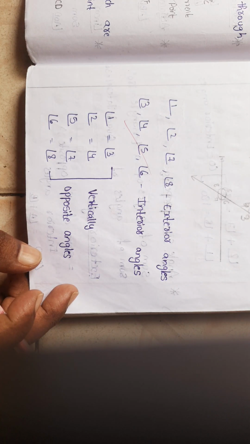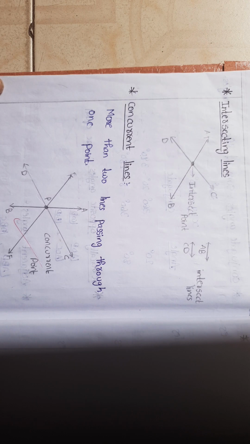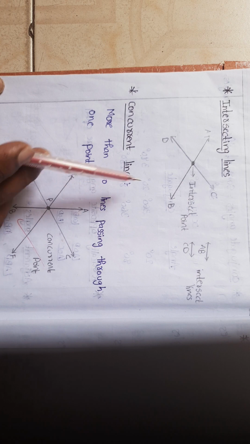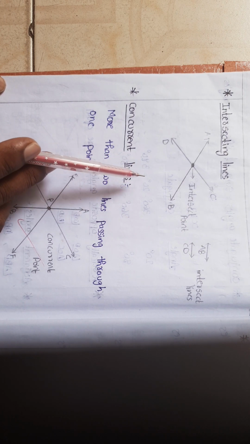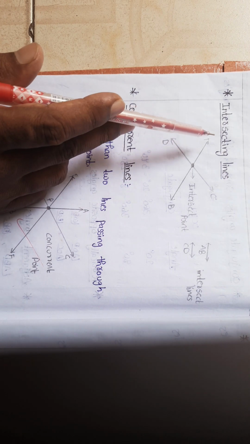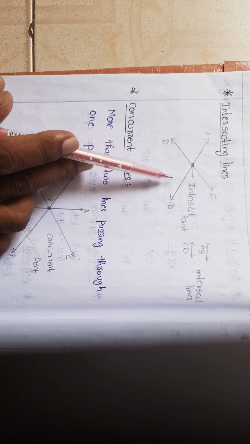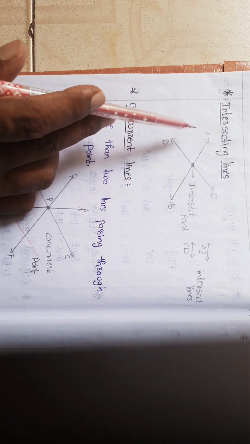Next we will discuss, see children, each and every point I am explaining along with diagrams. Intersecting lines. Intersect means they meet at one point. That means they are cutting at one point.